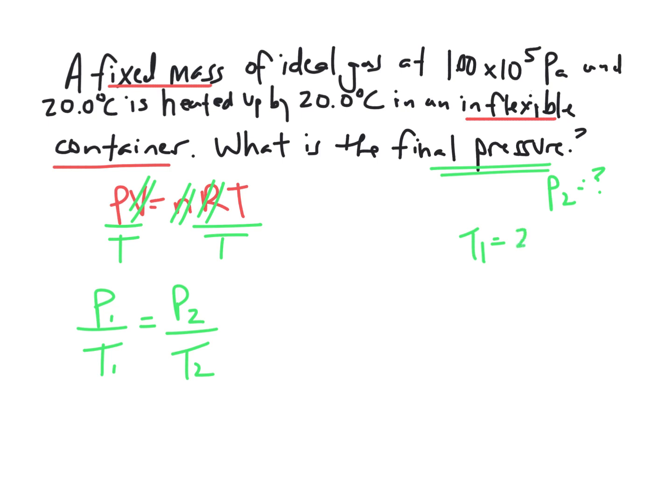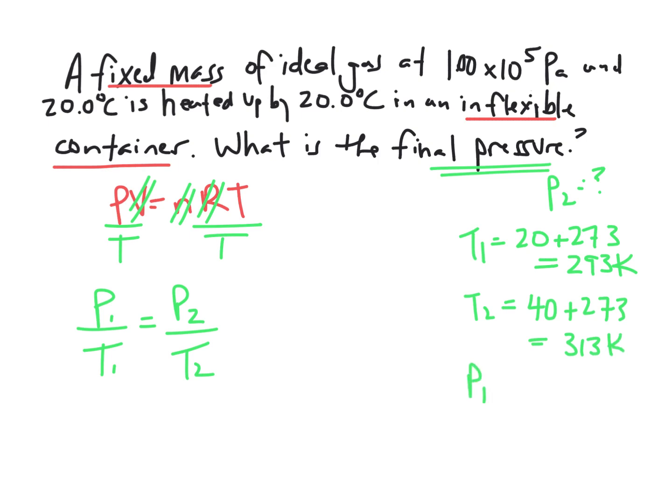So temperature in Celsius plus 273 gives you 293 Kelvin for T1. T2, once we heat the thing up, says it's heated up by 20 degrees Celsius. So now it'll become 40 degrees Celsius, won't it? So 40 plus 273 gives you 313 Kelvin.